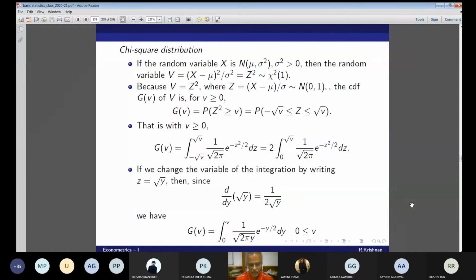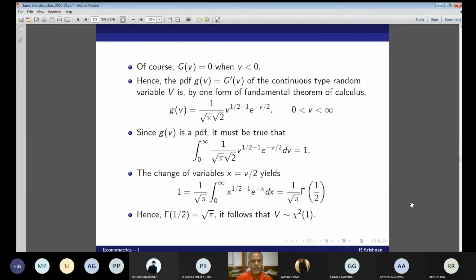If we change again the variable of the integration by writing z equal to root y, then this is what we get. So g is equal to 0 for v less than 0.